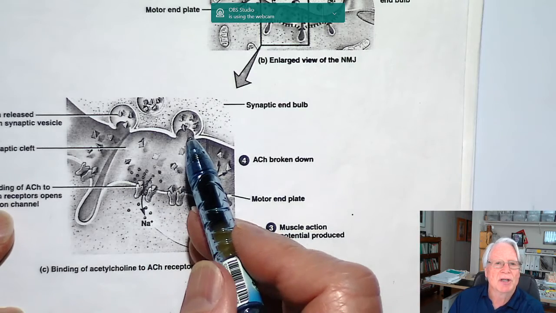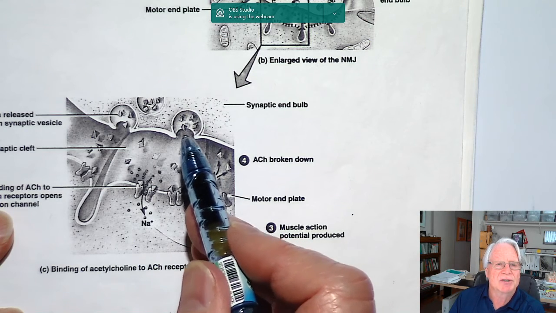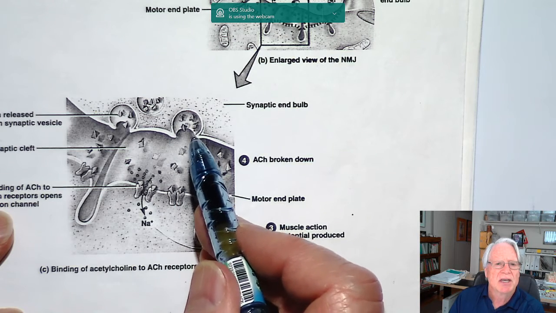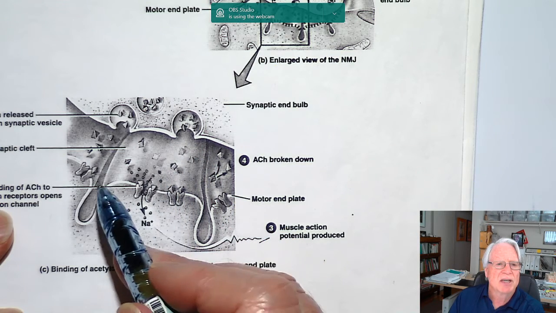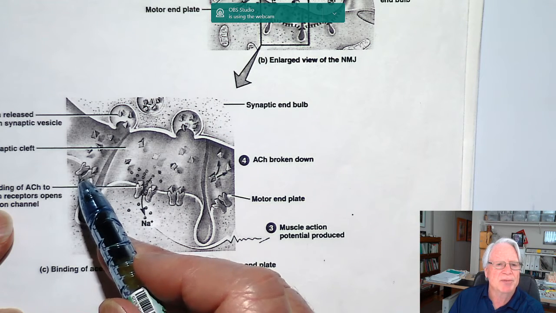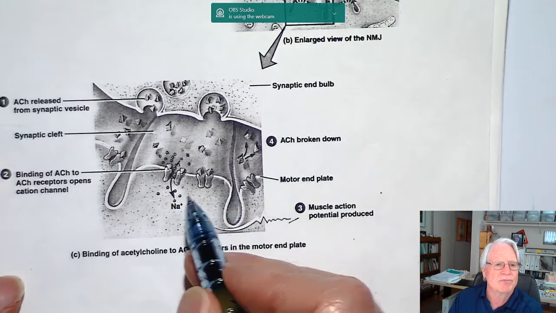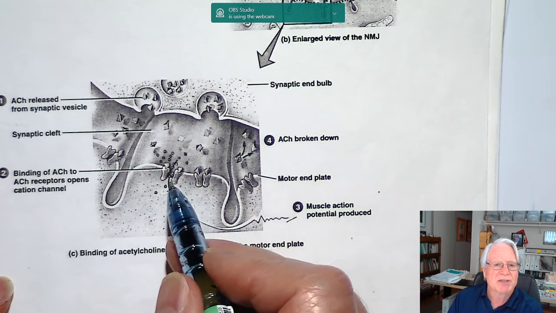And you can see that we're going to release the acetylcholine from the synaptic vesicles. It's going to diffuse across this space, going to bind to these receptors. These are actually ion channels for sodium.